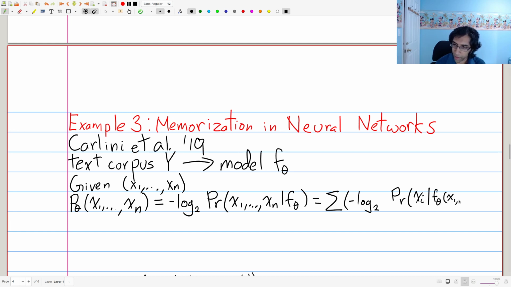Sorry, it doesn't necessarily require independence, but it requires the sequence to be generated sequentially. Okay, so this is the expression, and we call this the log perplexity of a sequence.